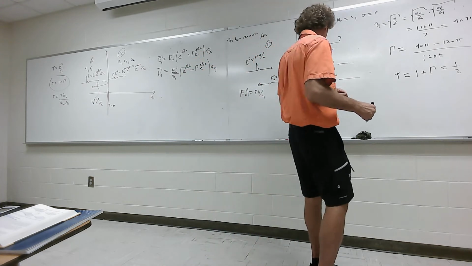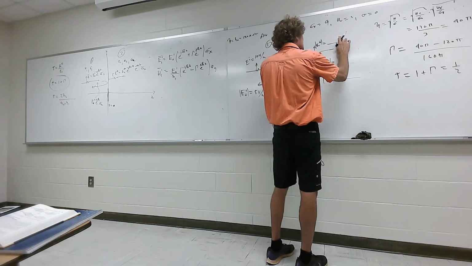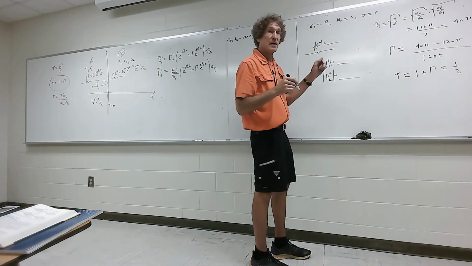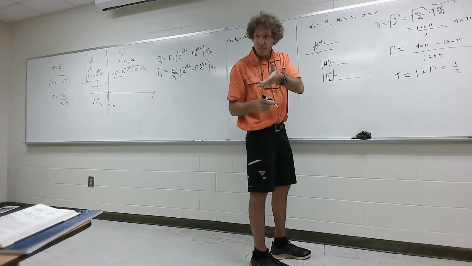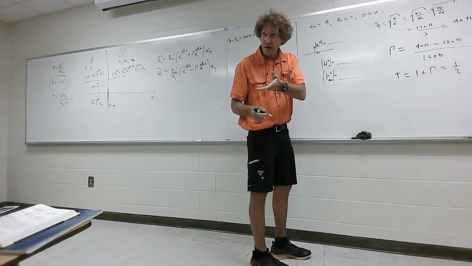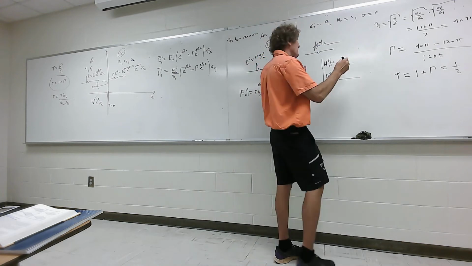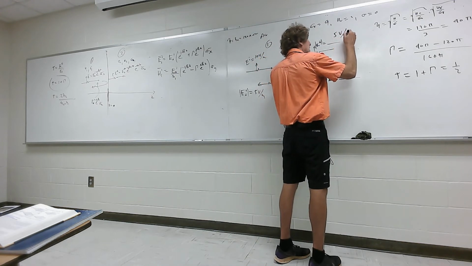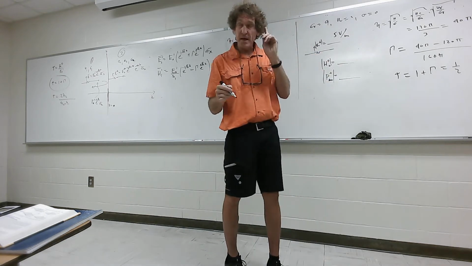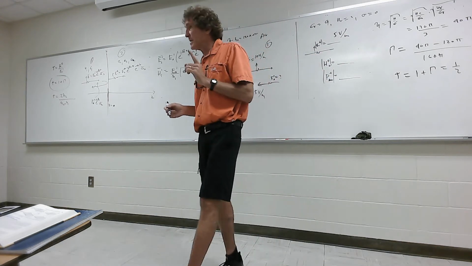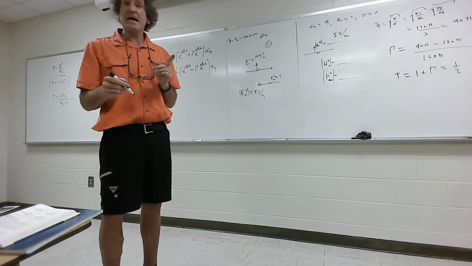What about the transmitted field's value over here, class? It's just 5 volts, right? Same as the reflected. You all agree with this? So this is 5 volts per meter. Now, be careful here. What is the transmitted H field? Magnitude.